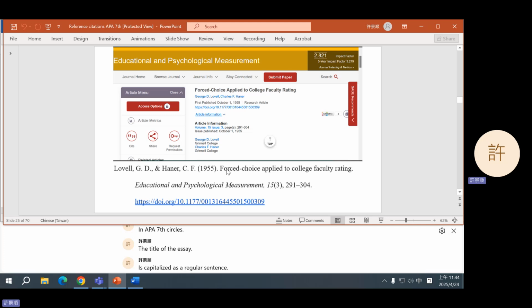So, capital first word. If there are names or proper nouns, those are also capitalized, and then period. So you see, originally, this is capitalized like a title, right? Nouns, verbs, adjectives, adverbs, first word. But in APA style, you only capitalize it as a sentence, not as a title.